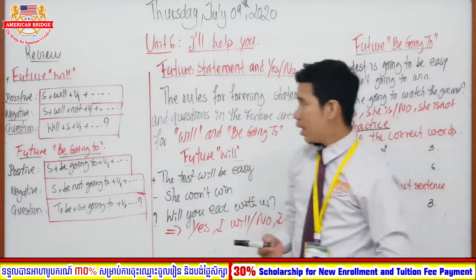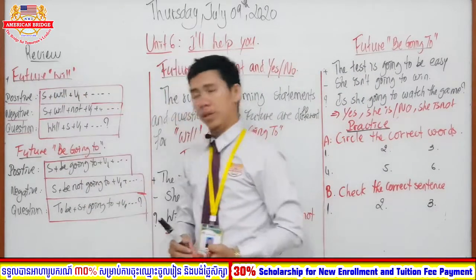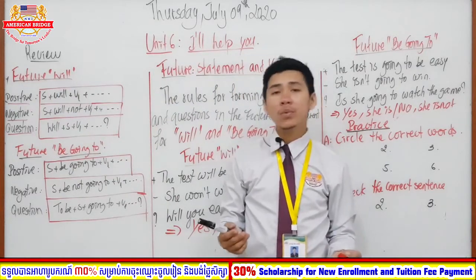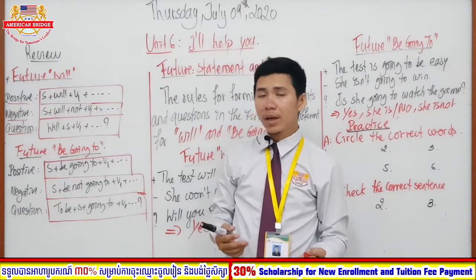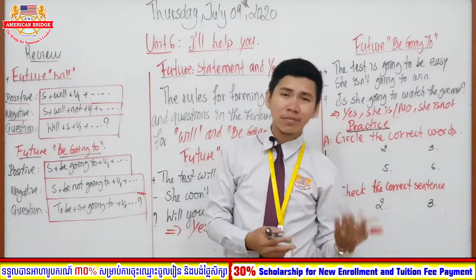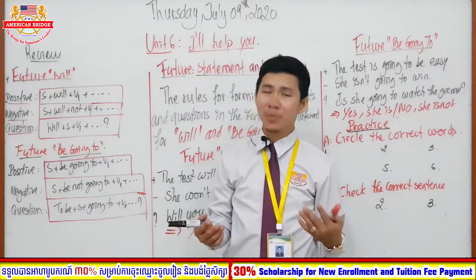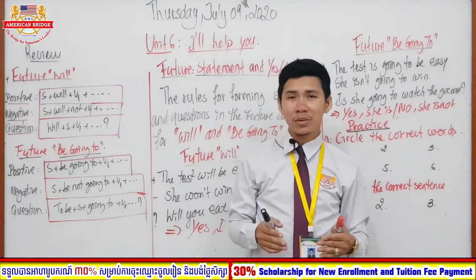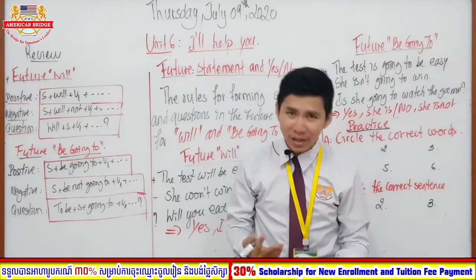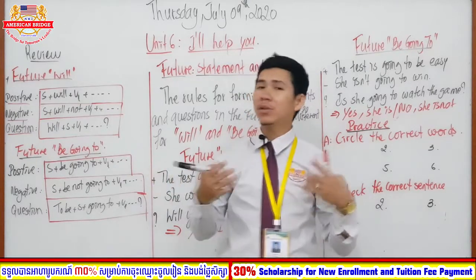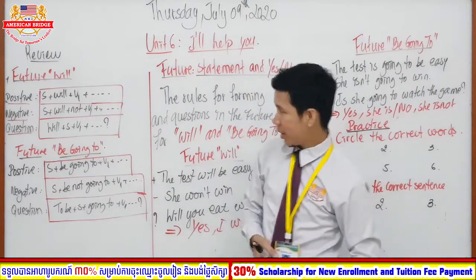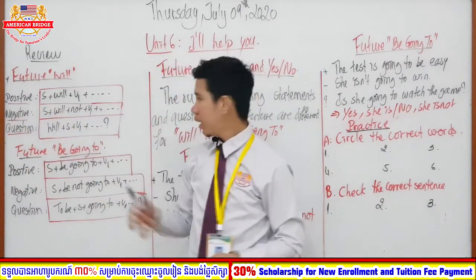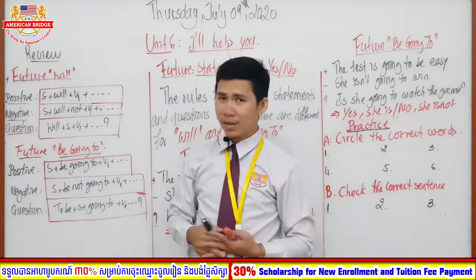Okay, right. So review future will. As you know, future will talks about future facts, right? And the second one is about a plan without thinking, or while speaking. It means that while you are doing another activity, you talk about your future activity with will. In positive we have subject plus will plus verb 1, and so on.